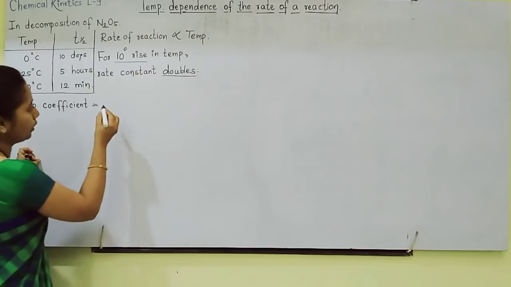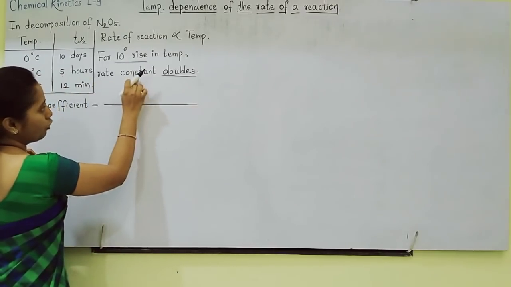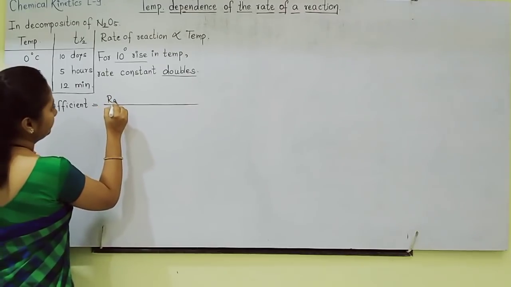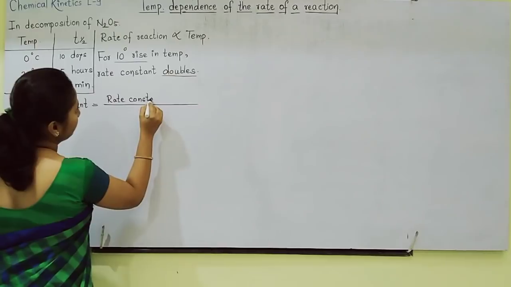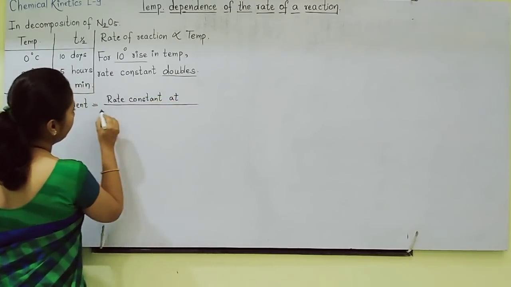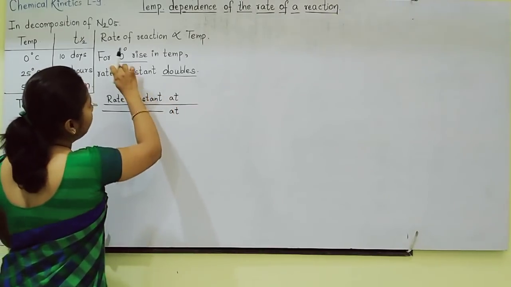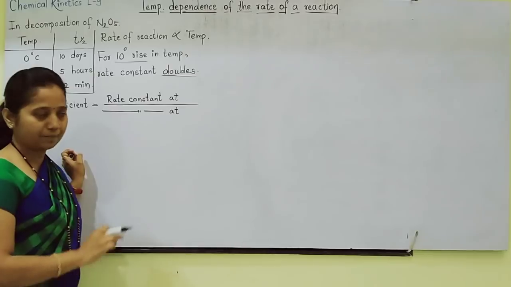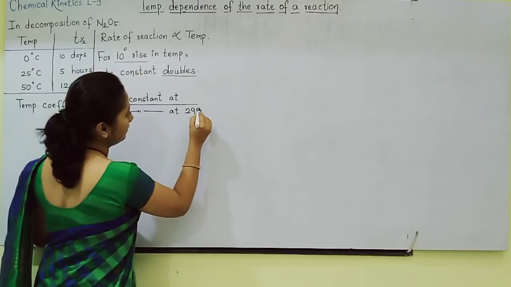Temperature coefficient, how to write, students? Rate constant. Degree rise in temperature. So initial temperature I will take as 298 Kelvin.